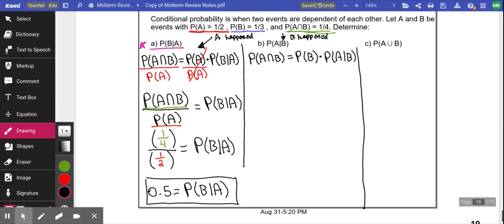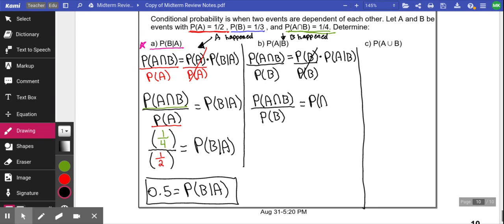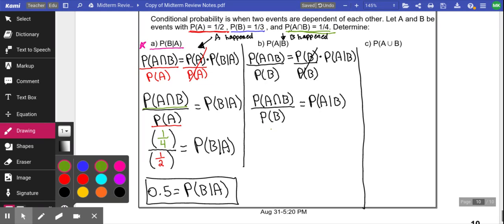Again, we're going to rearrange. So we're going to divide that probability of B to the other side. This gives us a new little formula. So we have the probability of A and B divided by the probability of B equals the probability of A given B. Again, you're just going to start plugging in your things. Probability of A and B is 1 over 4.